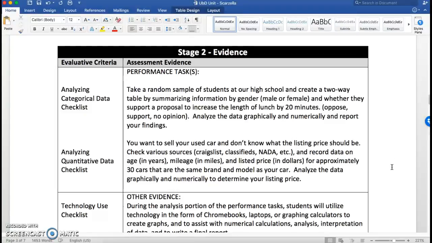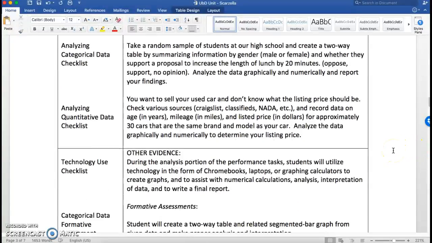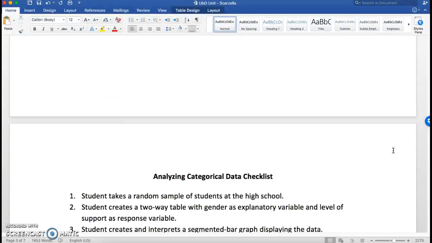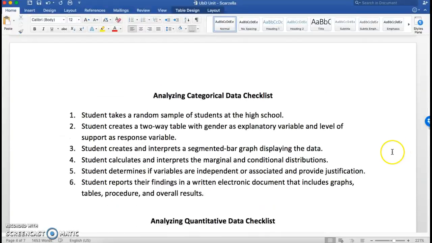And then from there, they're going to analyze the data graphically and numerically and report their findings. That is basically a categorical data performance task, and the checklist is below here. It lets them know what they have to do for that performance task.